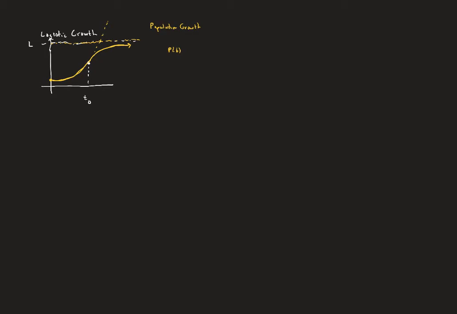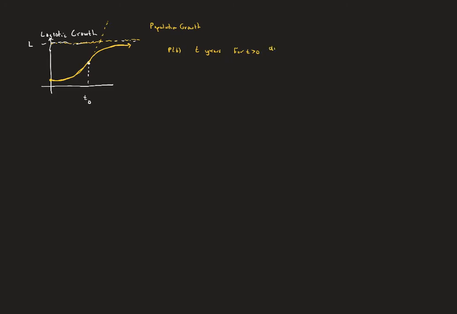So our P of t is going to be our population model. The t is going to stand for years. And we can see that for t greater than 0, our population is increasing forever.